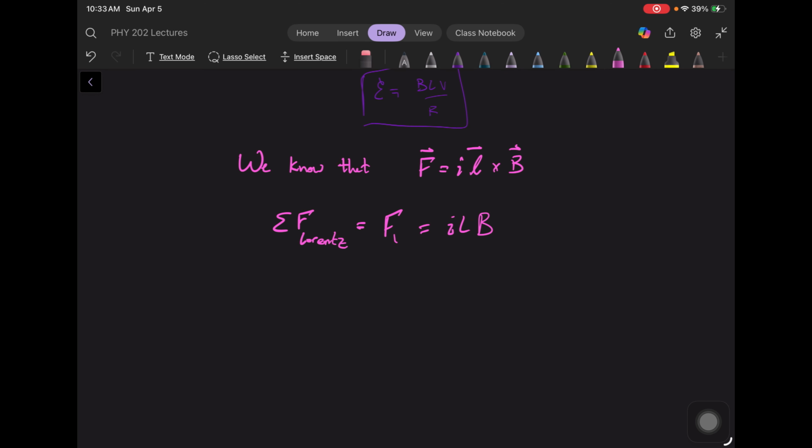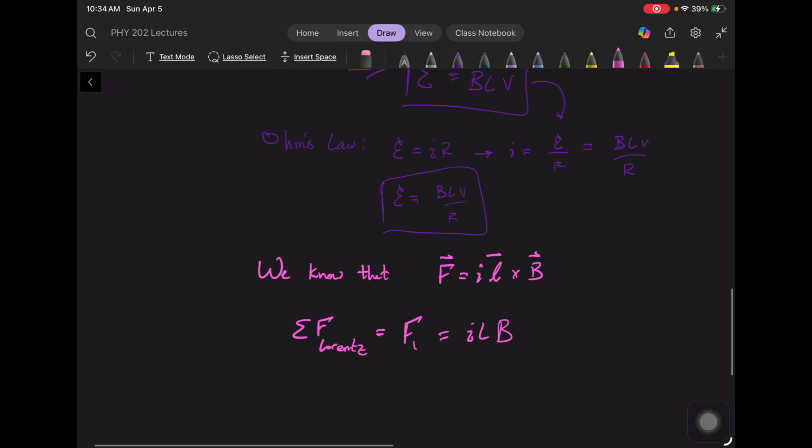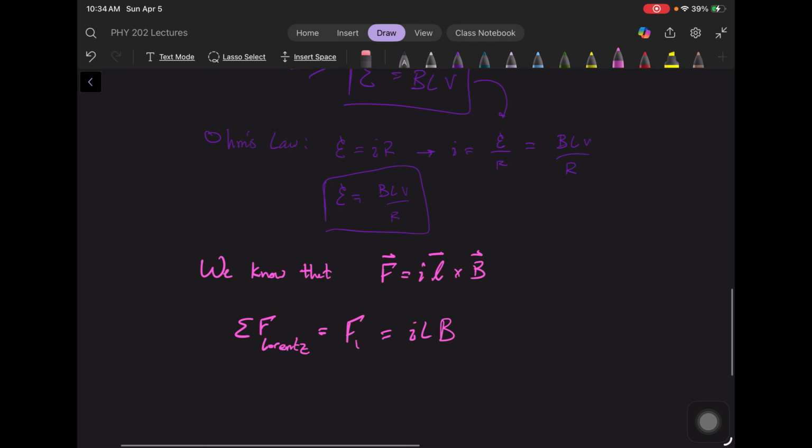Okay. So we have... Oh, I lied here. This is an I. This is the current. Okay, so we can go ahead and plug in, I guess we'll call this equation 1.